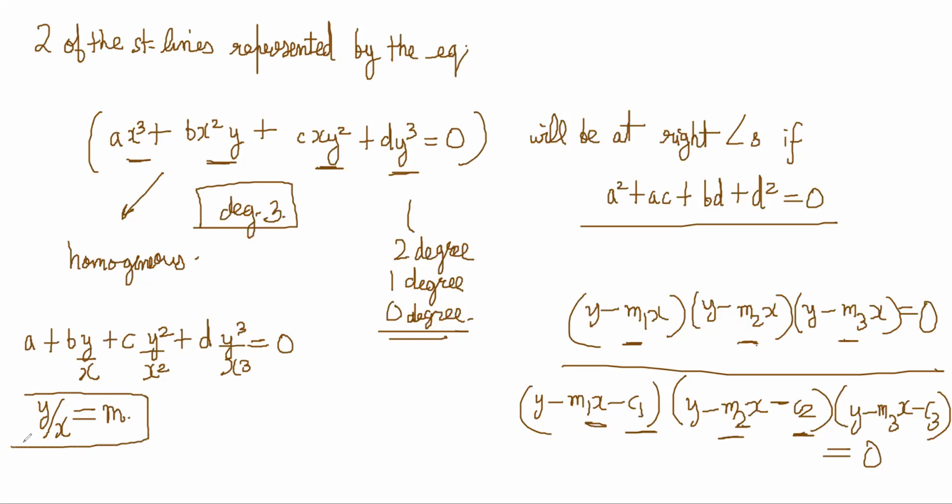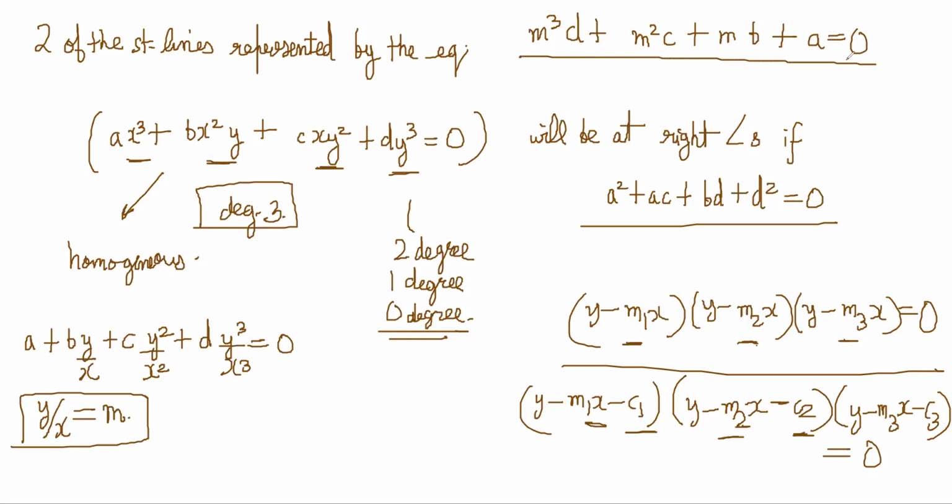So the equation becomes m cube d plus m square c plus m into b plus a is equal to 0. This is a cubic equation, so it should have 3 roots, m1, m2, and m3. And those 3 roots would be the 3 slopes, no?